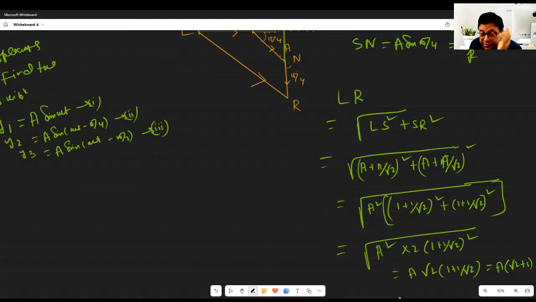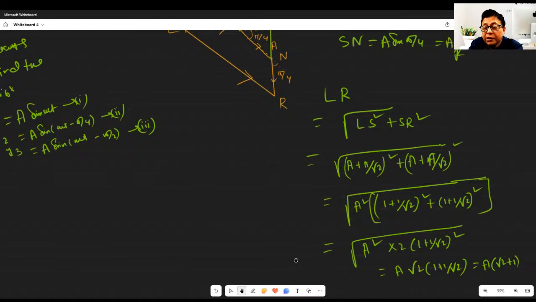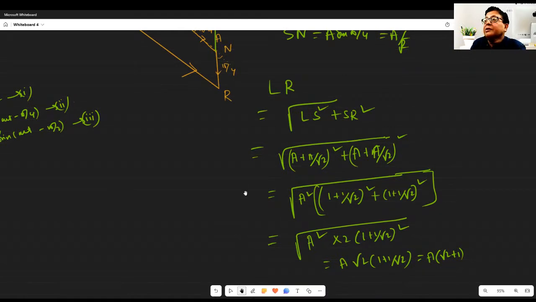Am I correct? Done? The value is A into root 2 plus 1 resultant amplitude.